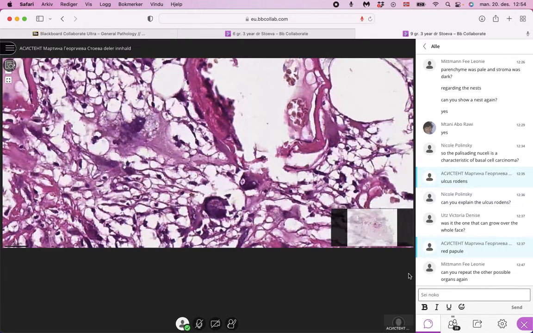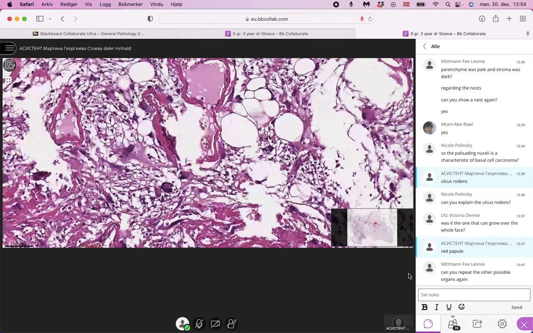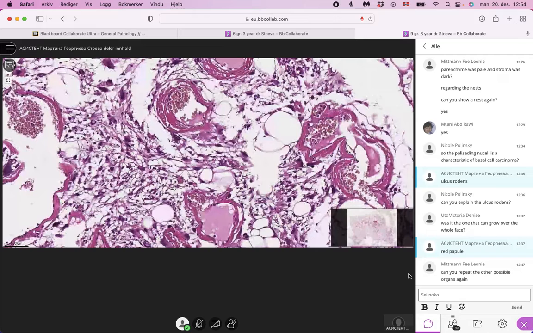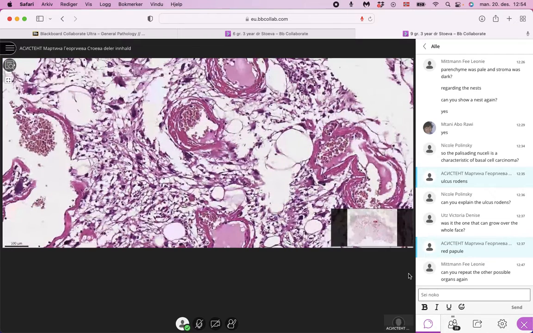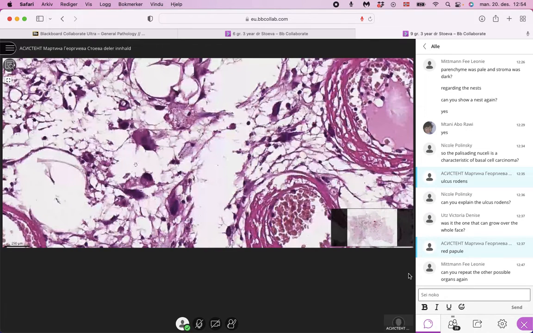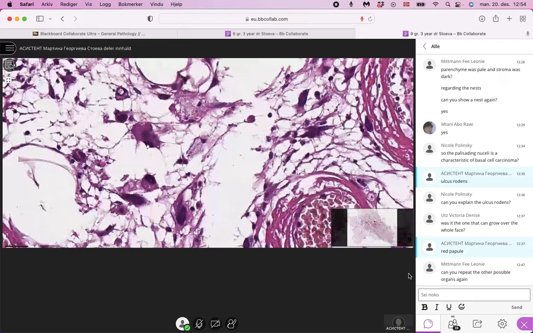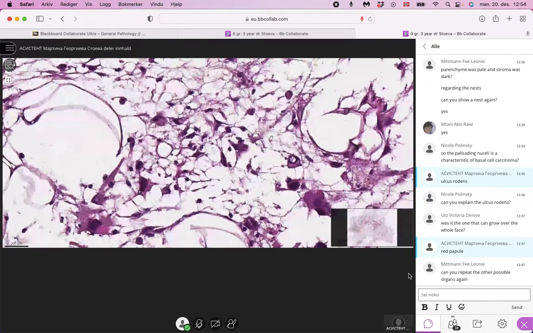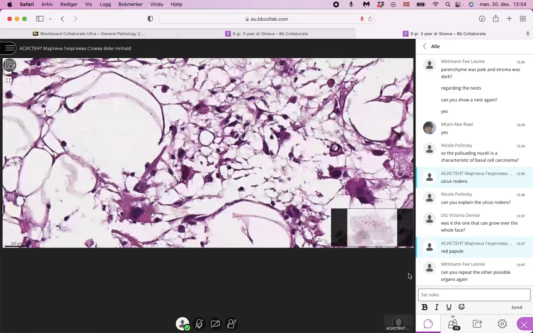So in one liposarcoma, there could be both variants of cells, immature atypical mesenchymal cells together with lipoblasts. All of these are tumor cells containing one or more nuclei. This is a lipoblast as well. There are several smaller lipid vacuoles in the cytoplasm.